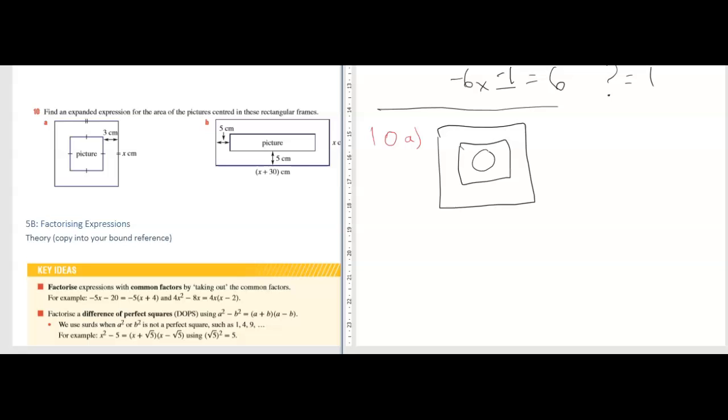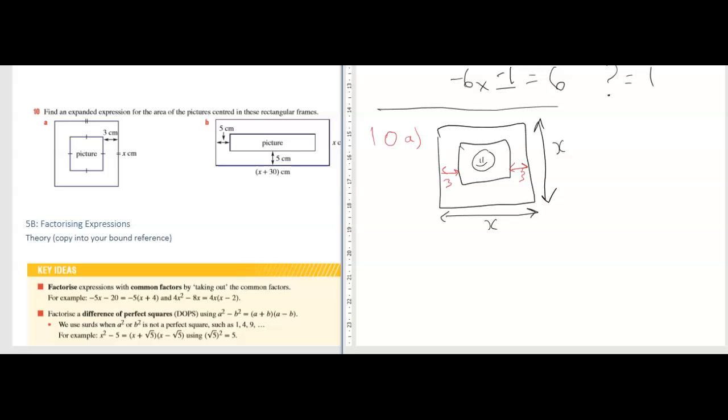If you want, you can draw a picture. There we go. So this length here is x, and it's a square, so this length here is also x. And I know it's a square because these two lines tell me that those two sides are the same. Now, this distance, which you might think is the frame around the picture, is 3 centimeters.